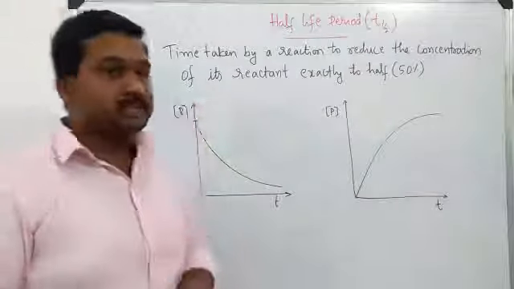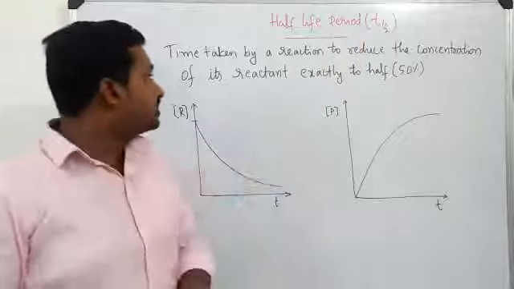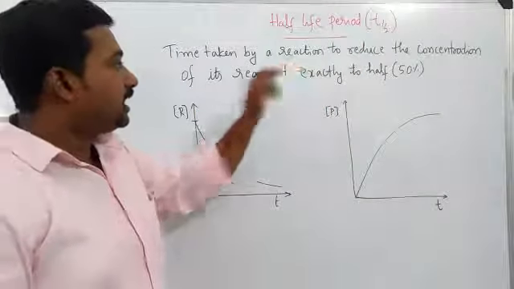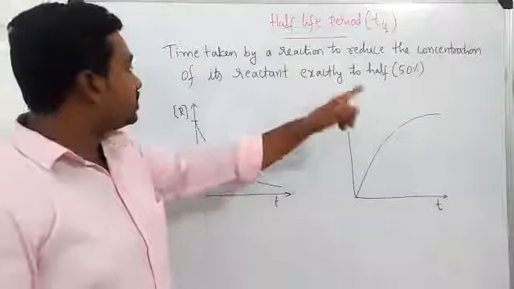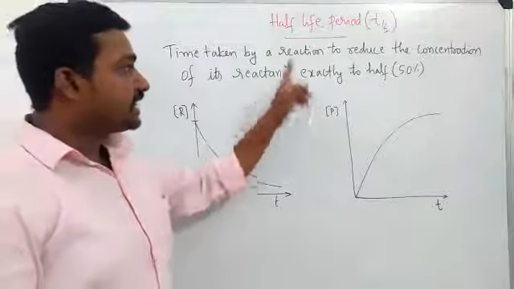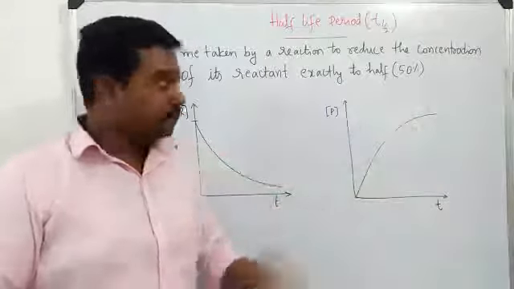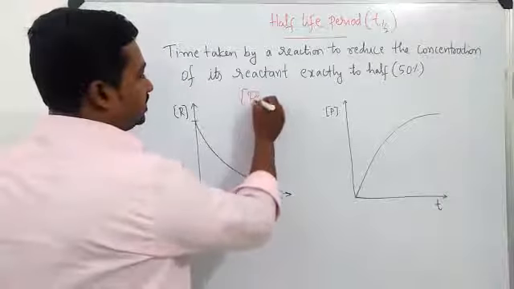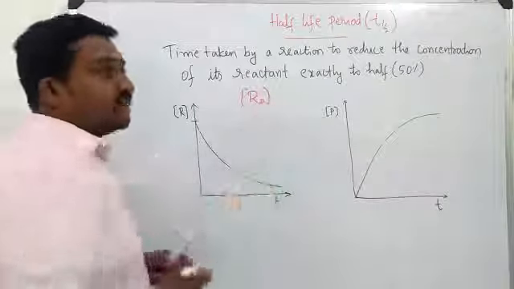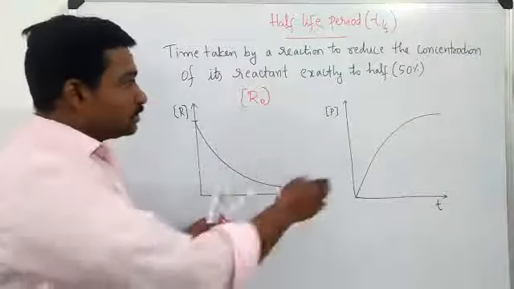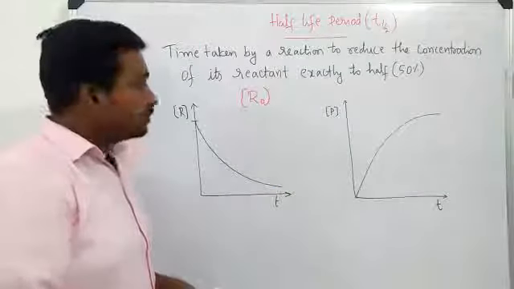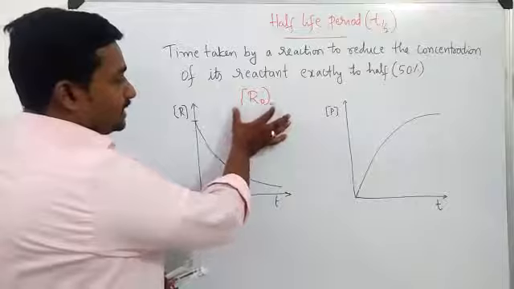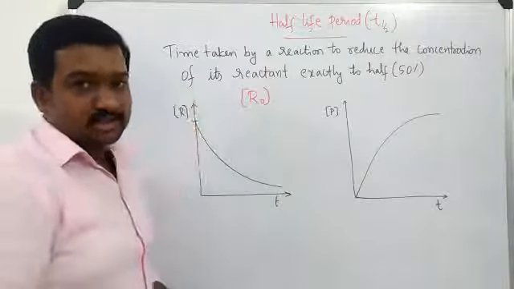The definition is very simple, as the title indicates: time taken by a reaction to reduce the concentration of its reactant exactly to half. So if R0 was the concentration initially, because we have the standard representation, we have been using this in our derivations also, R0 is taken as the initial concentration.